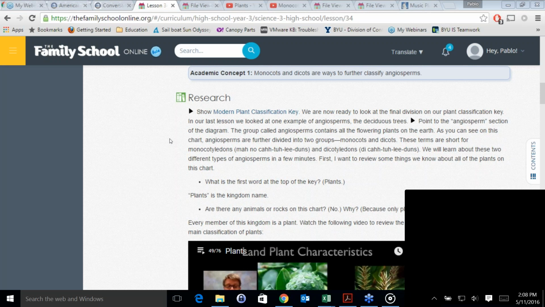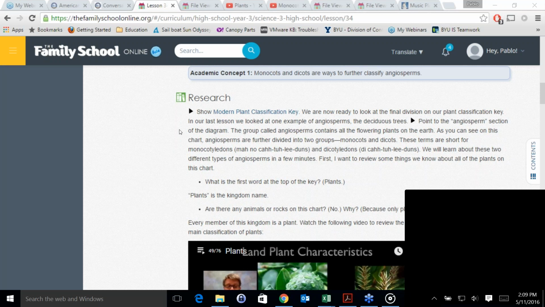Again, we remember from Greek that mono means single or one, and di, or bi, are prefixes meaning two. So dicotyledons have two cotyledons. Many times we abbreviate the word and just call them monocots or dicots.